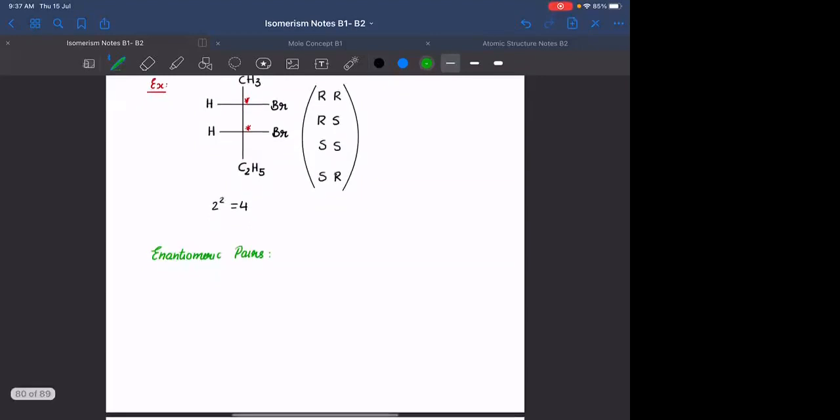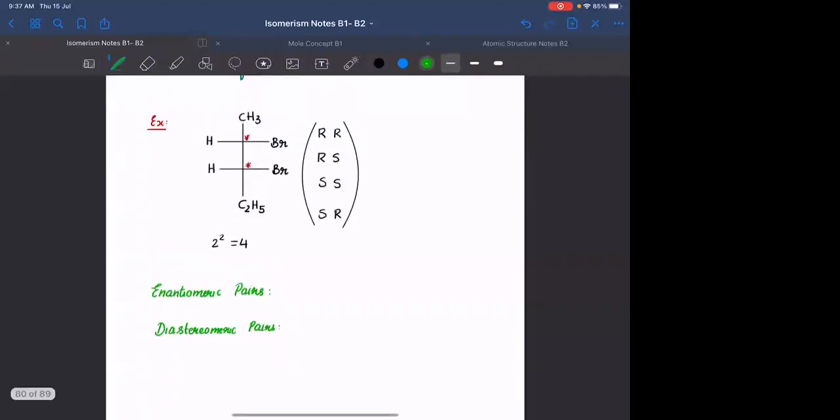And also tell me the diastereomeric pairs. Identify all pairs of enantiomers and all pairs of diastereomers.